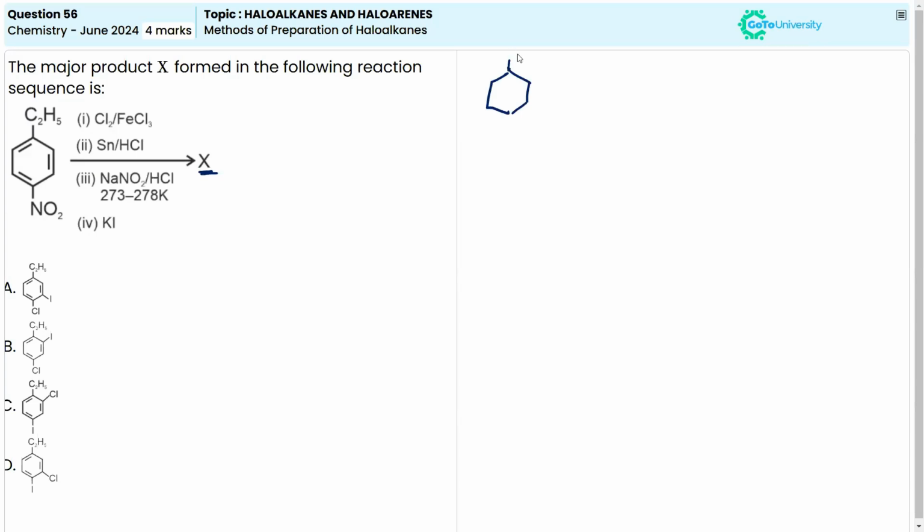So here we can see C2H5, the aromatic ring, then the nitro group is there. So the first reagent is chlorine in presence of FeCl3. This reagent is used for electrophilic substitution, right?